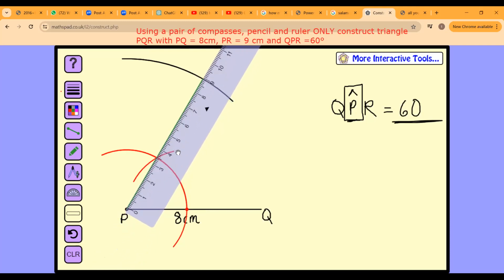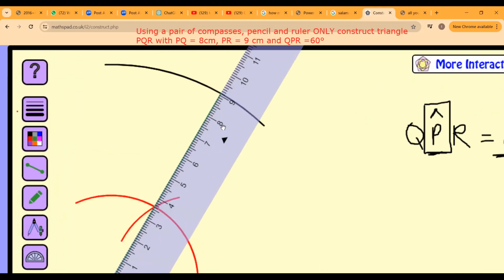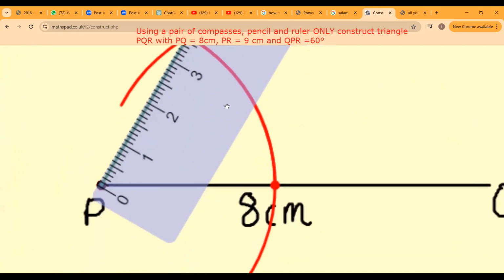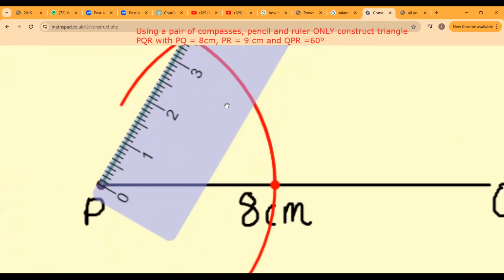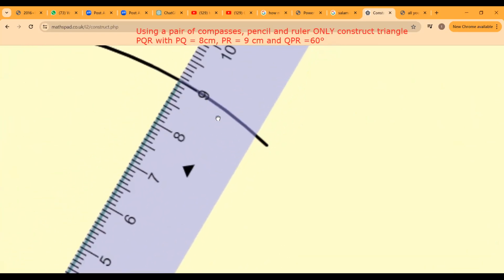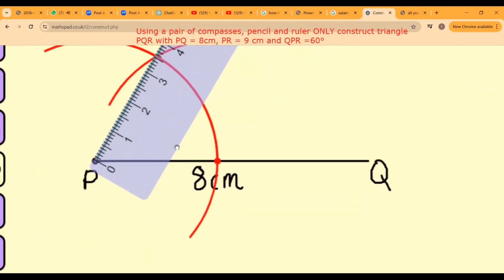You want to make sure that it's 9 centimeters. And if we zoom in, is it 9 centimeters? It looked like 9.1, a little off. Let me increase this some more. Let's increase it a little bit more. All right. Yeah, it is 9 centimeters.